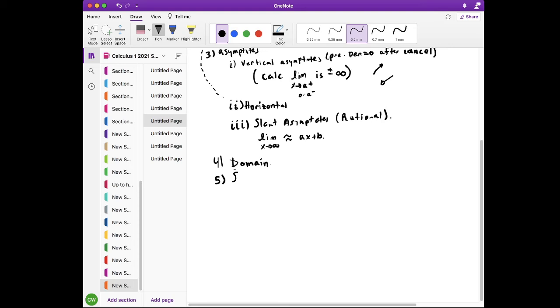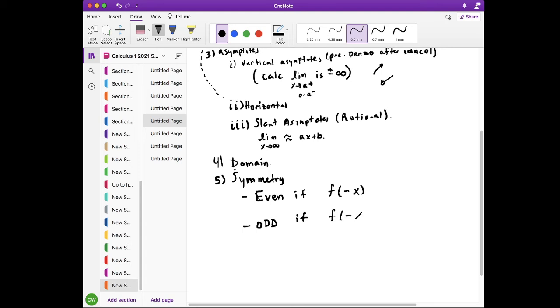Okay, does everyone remember what symmetry is? There were two types, right? Even and odd. Someone tell me what even is, and then someone tell me what odd is. Or whichever you remember. Yeah, even is mirrored over the y-axis.